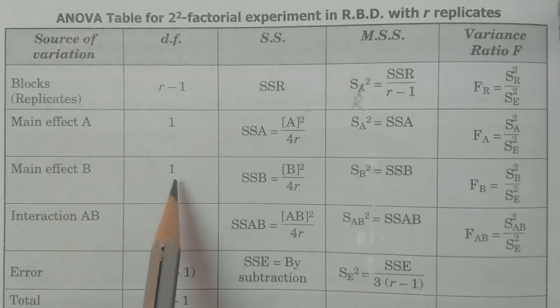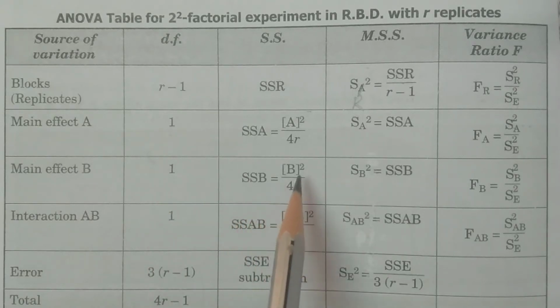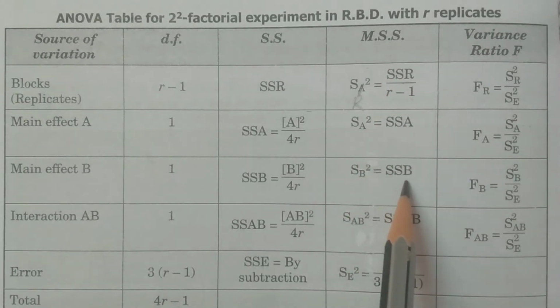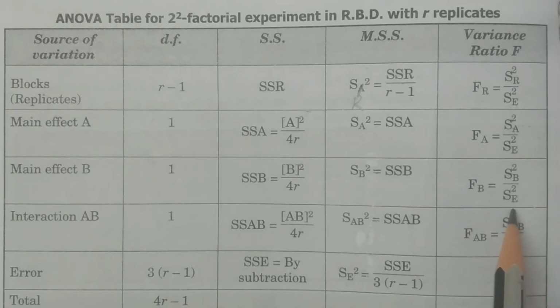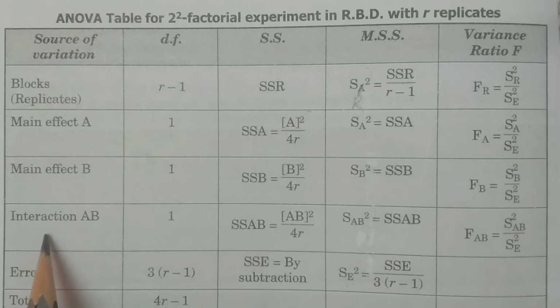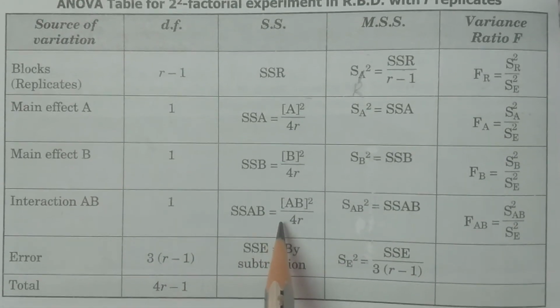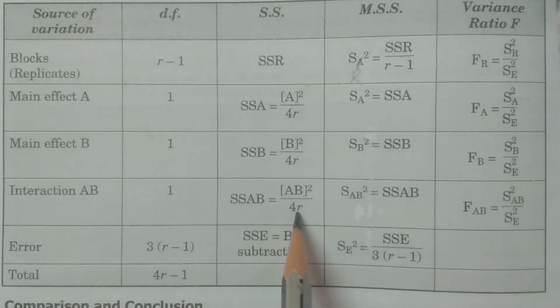Main effect B has 1 degree of freedom. The sum of the squares SSB is B square by 4R, the mean sum of squares S square B is SSB, and the variance ratio FB is S square B by S square E, with the same degrees of freedom. Interaction effect AB has 1 degree of freedom, and SSAB is equal to AB square by 4R.